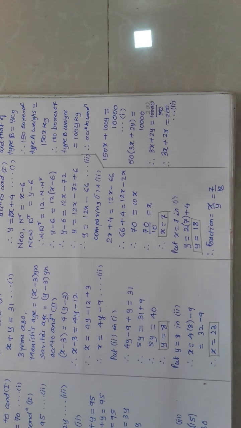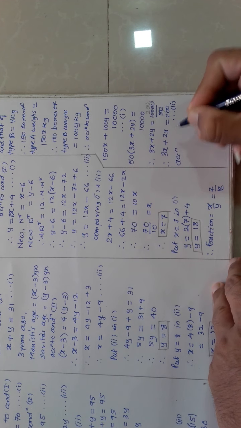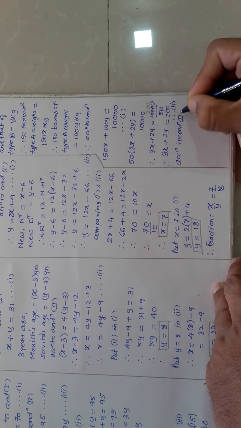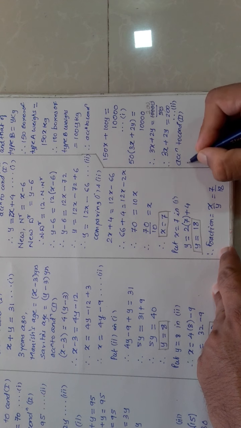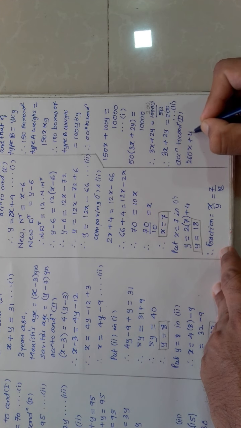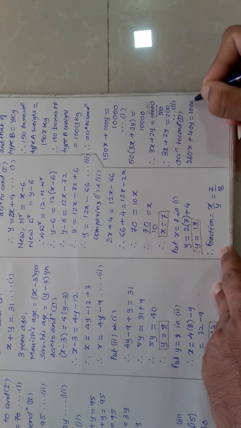So here you get your second condition. According to the second condition, what you get? That is 260 boxes of type A plus 40 boxes of type B is 10 tons.